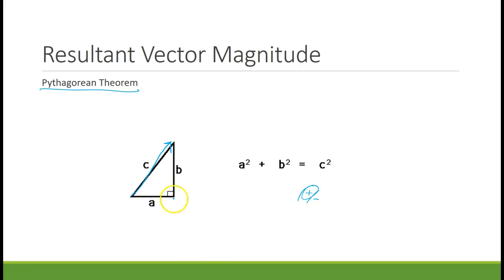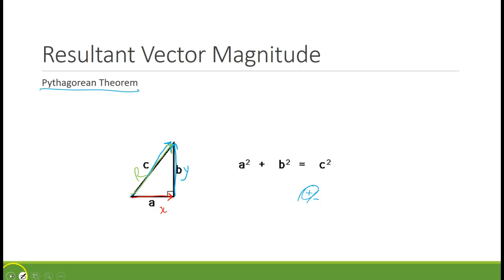So basically, to find this, I'm going to write this out in my color code so you can follow along. I'm going to label this. This is the resultant over here, so it's green. We're going to make the B blue, that's going to be our y piece. I'm going to write out a nice equation to use. And then the red is the x piece. We're going to write that right there. Okay?